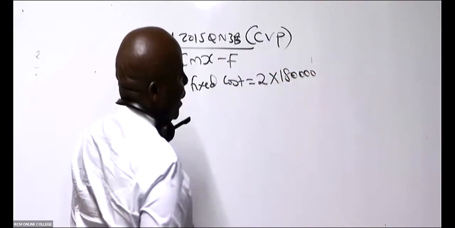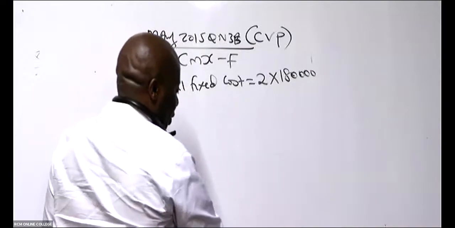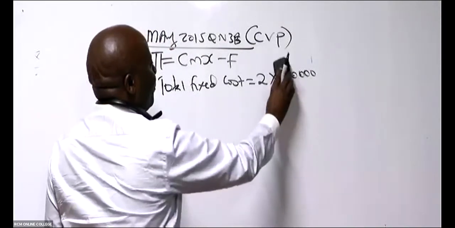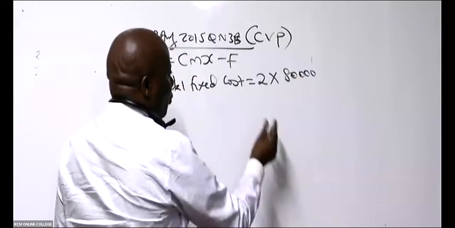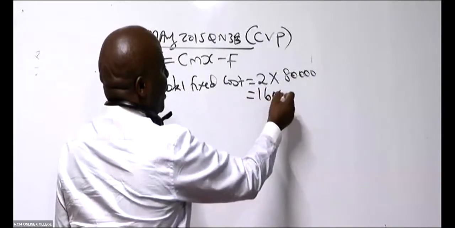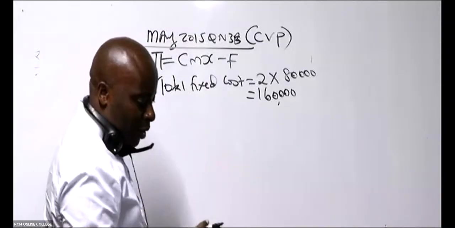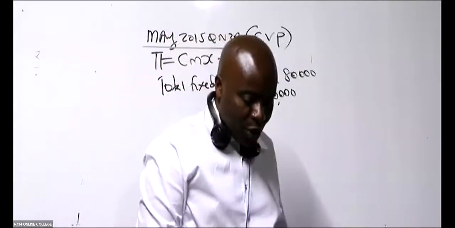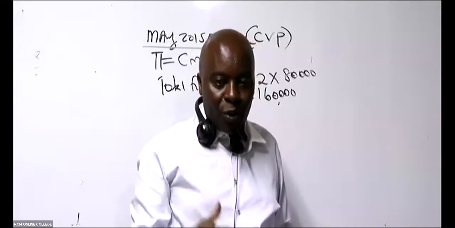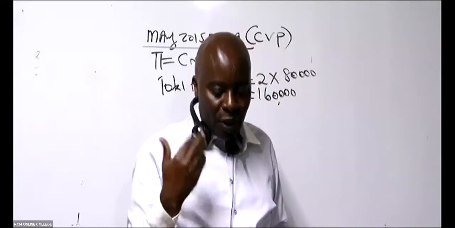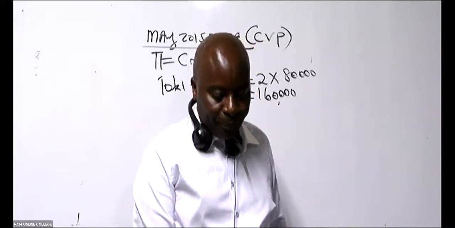Is it 180 or 80? 80,000. So then this gives us total fixed cost of what here, somebody? This is the current fixed cost, which will be used in our question as we continue. Great, so at least we have a mark. We are reasoning like heads of departments now.